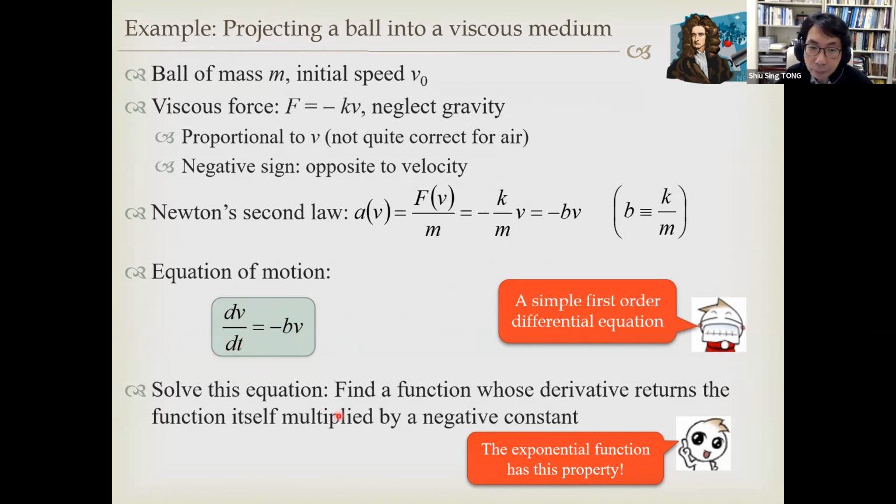Okay, and what this equation says is the following: you are required to find a function v as a function of t, such that when you differentiate it once, it will become itself. It gives you back the function v, but the differentiation will introduce an additional constant minus b before the v. That is what this differential equation means. So you are going to find that function.